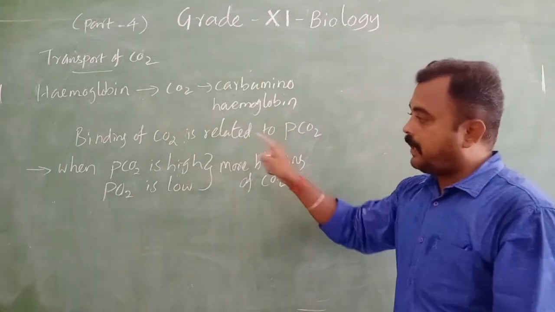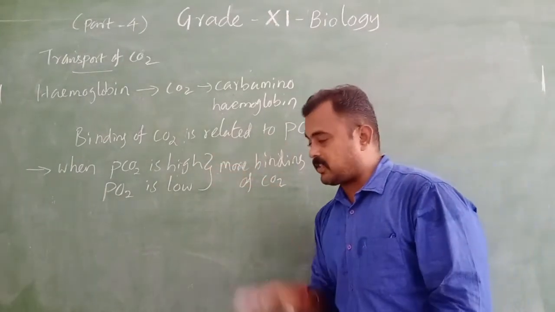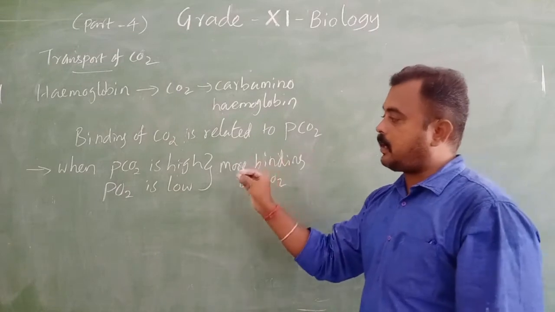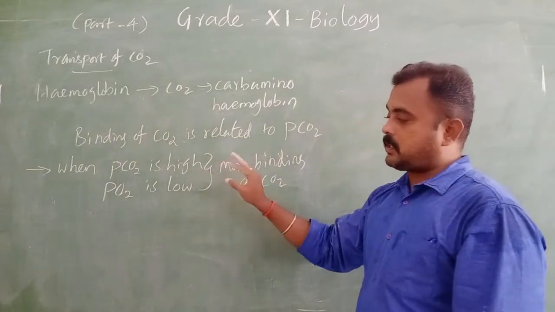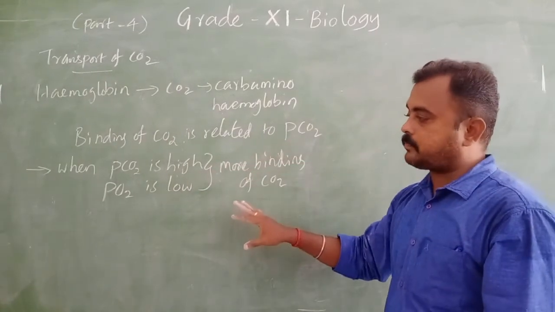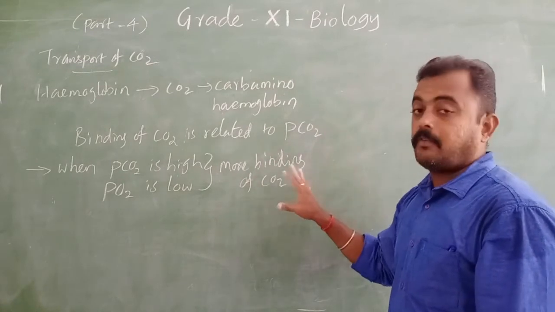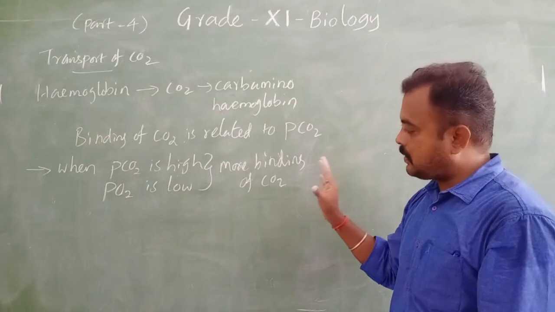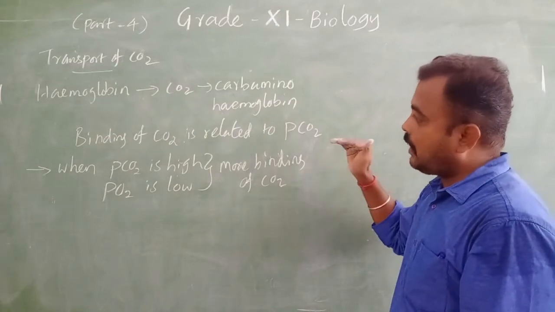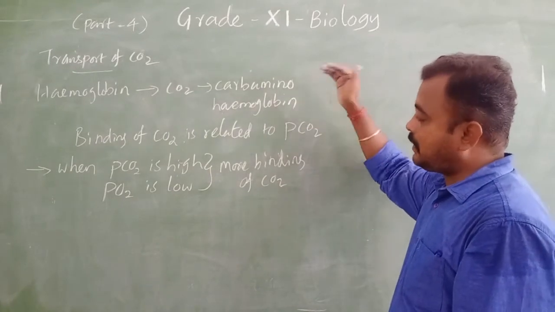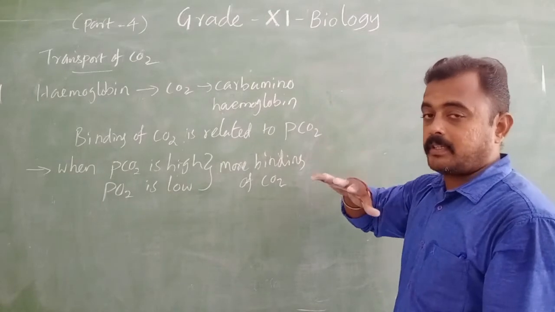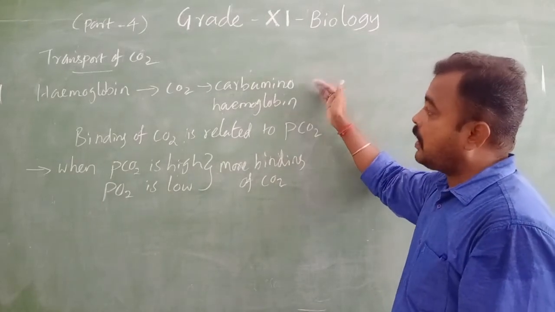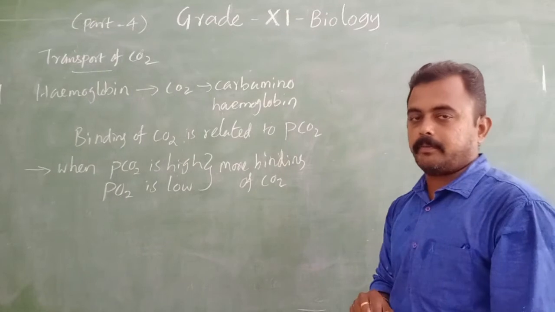When partial pressure of carbon dioxide is high and partial pressure of oxygen is low, the formation is happening. The binding of carbon dioxide is happening.